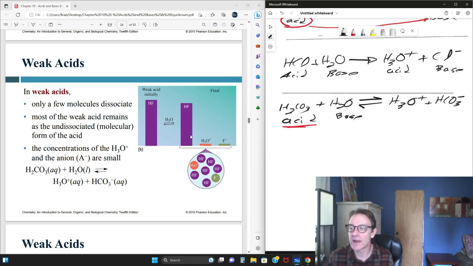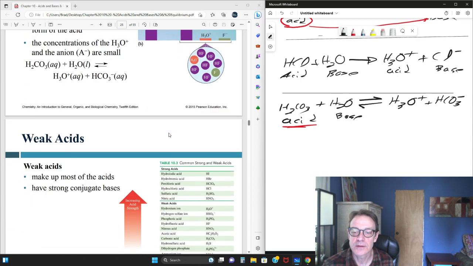The bonds are strong enough to resist being torn apart by the polarity in the solvent, water in this case. Okay, but there is some hydronium ion being formed here. So if you add the orange piece and the green piece on top of the purple piece, it will equal the purple piece on the left side of that chemical equation.